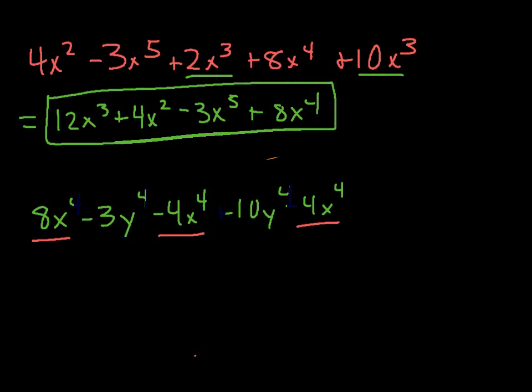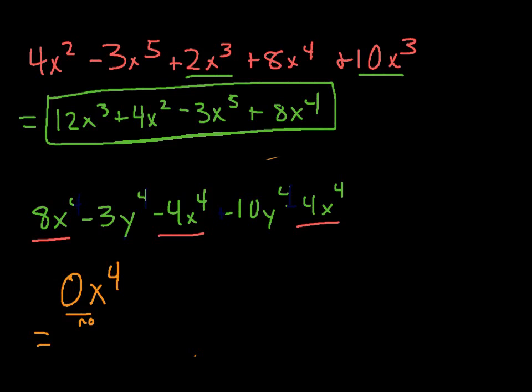Then minus another 4x to the 4th, which gives me 0x to the 4th. Okay? Now anytime I have 0x to the 4th, 0 times anything, based on our multiplication property of 0, means that it's just 0, right? So do I have to write anything? That would be no. So then I can just leave it blank.